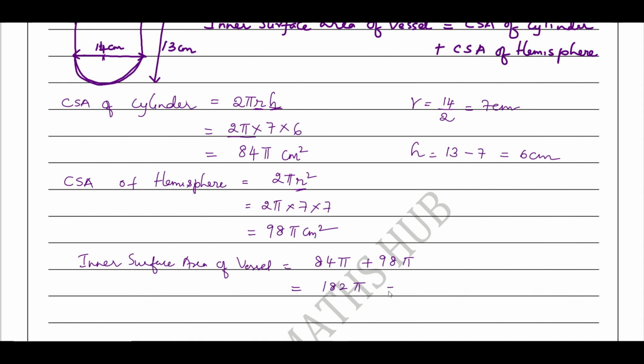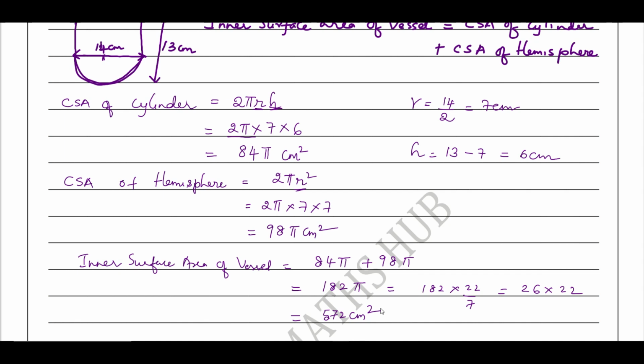Now substitute the value of pi: 182 into 22 by 7. 182 divided by 7, we get 26 into 22. Multiply 26 into 22, we get 572 centimeter square. So the inner surface area of the vessel is 572 centimeter square.